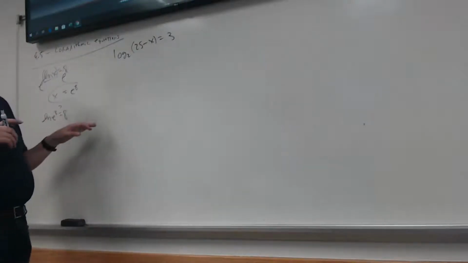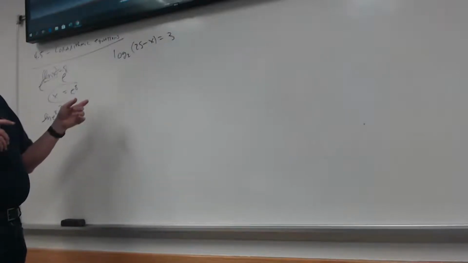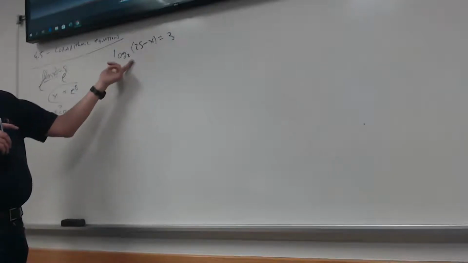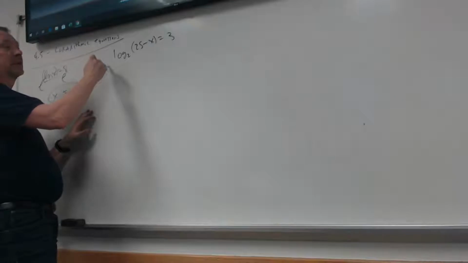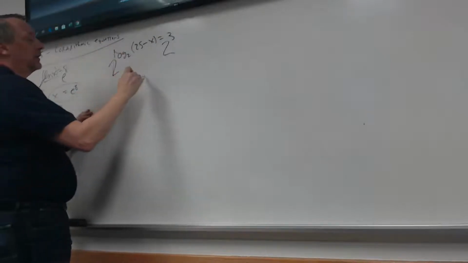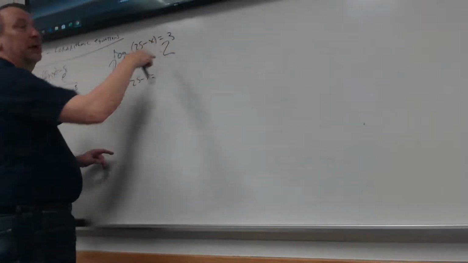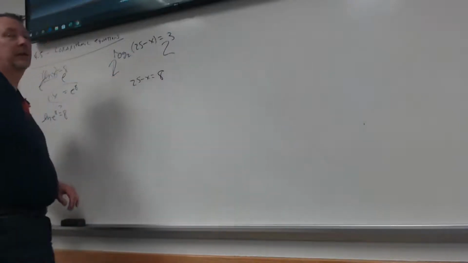So we can take the inverse log of this, which is the same thing as putting a big base of 2. So let's convert that, and we're going to get 25 minus x equals 2 to the third power, which is 8.